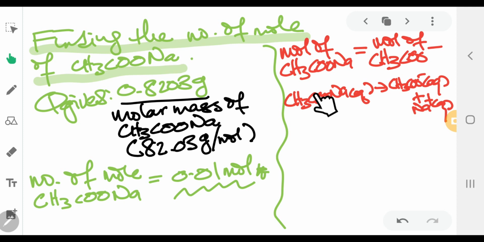So when you look at this equation, 1 mole of CH3COONa will be producing 1 mole of your conjugate base. So if you can find the number of mole of your salts, you can also find the number of mole of your conjugate base.